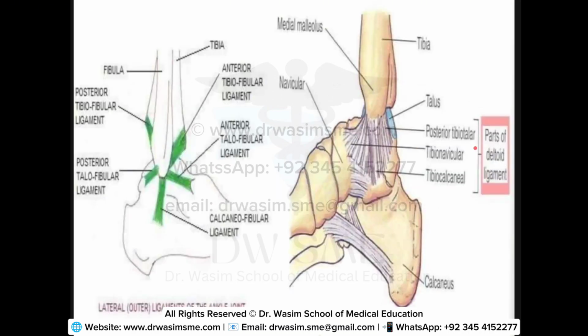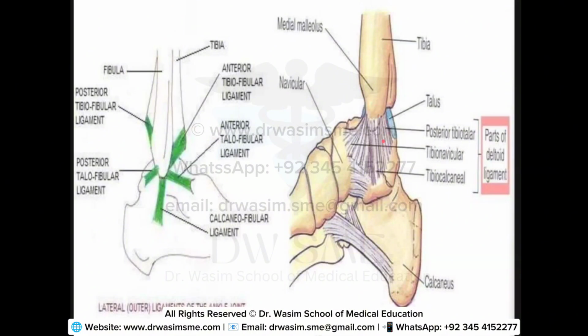So there are different components of the medially present deltoid ligament, which includes the posterior tibiotalar, tibionavicular, and tibiocalcaneal. Now we have tibia, talus, calcaneum. So we have to just add tibia with the reference to the bone.